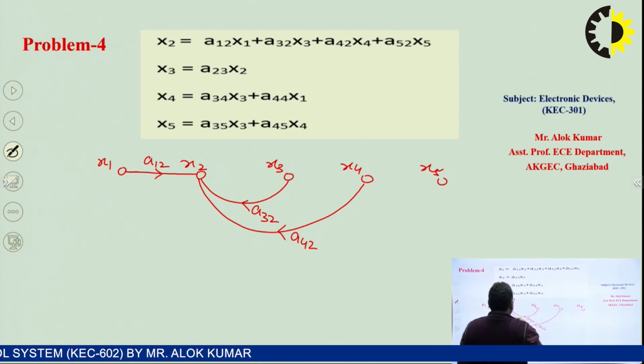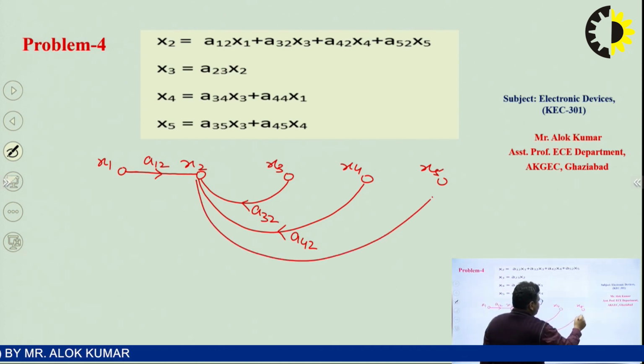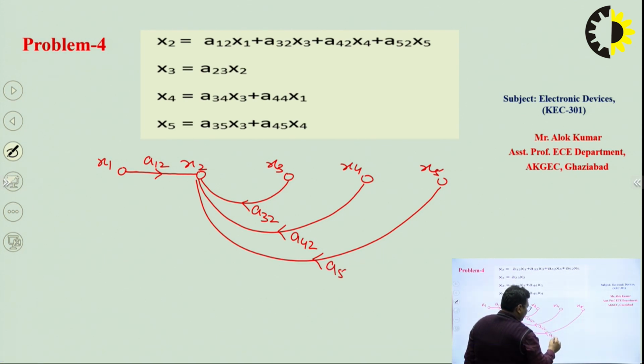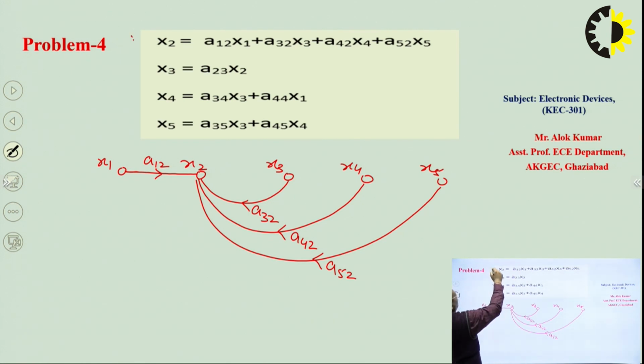Then from node 5 one signal is coming and the gain is a52. This is for the first equation. Now the second one: x3 is equal to a23 into x2. One signal is coming in this direction and the gain is a23. This is for the second equation.